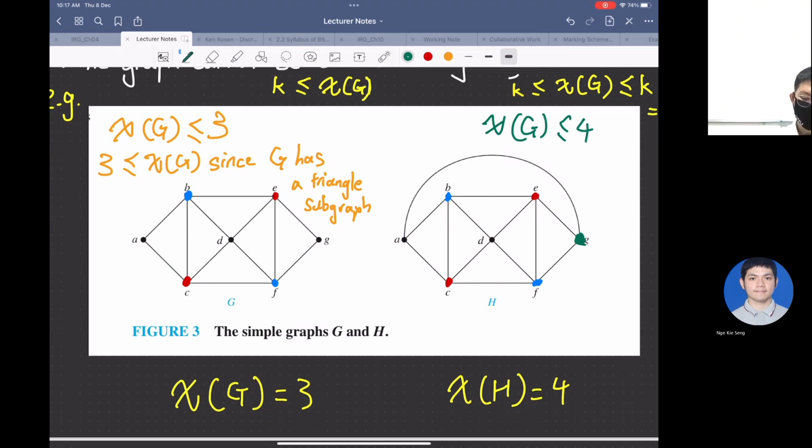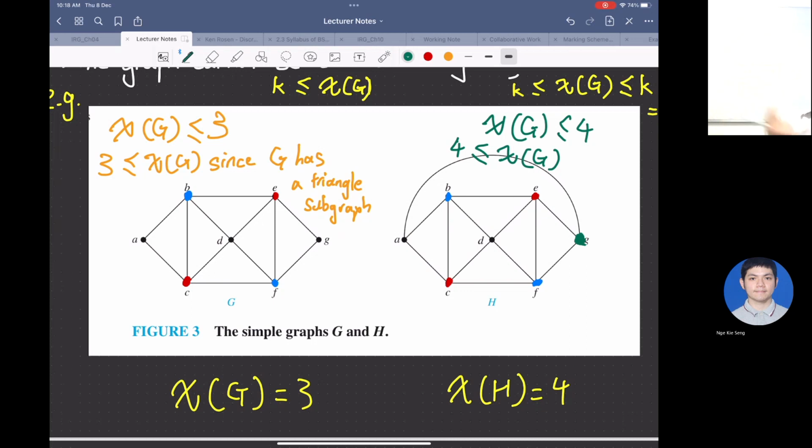But why is it greater than or equal to 4? Why does it have to be greater or equal to 4? 3 is not enough, we have to go extra. Yeah, you can say that.